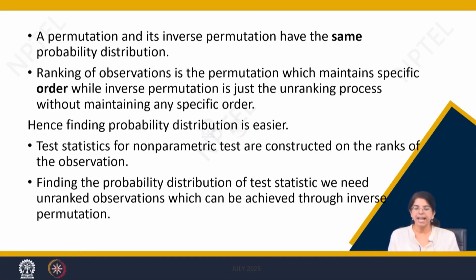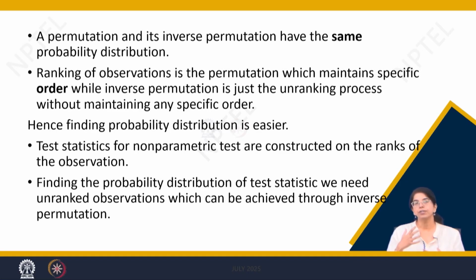A permutation and its inverse permutation have the same probability distribution, and there lies the importance of studying the inverse permutation. Ranking of observations is the permutation which maintains a specific order. I told you ranking means arranging in ascending order, so two consecutive observations must hold an inequality like greater than or less than.